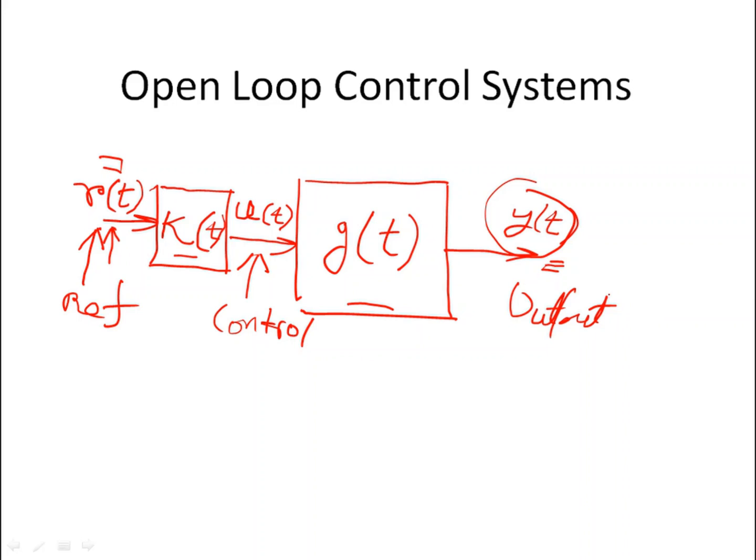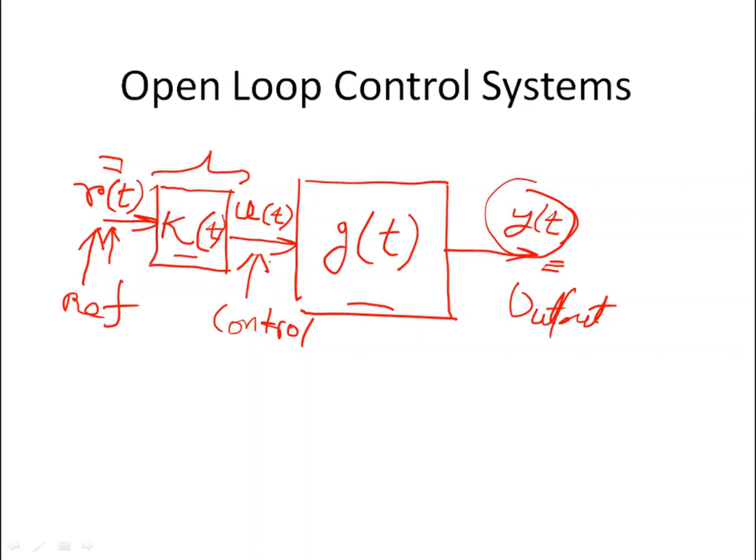You have to see that in this situation the controller K is playing a definite role. It will produce a special kind of control signal UT based on the requirement of the design. Maybe we don't want certain kind of spikes in the input that should enter the plant GT.